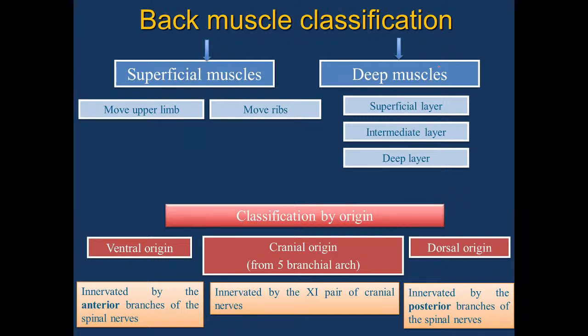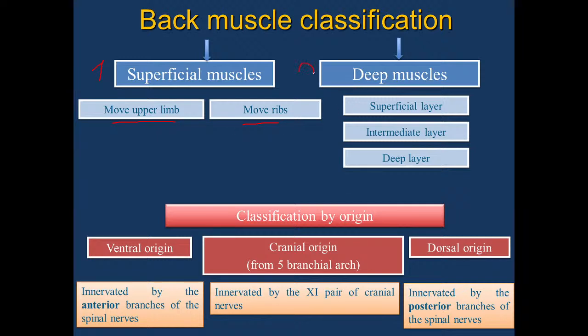That is the classification of back muscles, and as you see, there are 2 groups. The first group of the back muscles we call superficial muscles. They are located superficially, and they mostly move the upper limb or bones of the upper limbs, but sometimes they also have origin on the ribs.